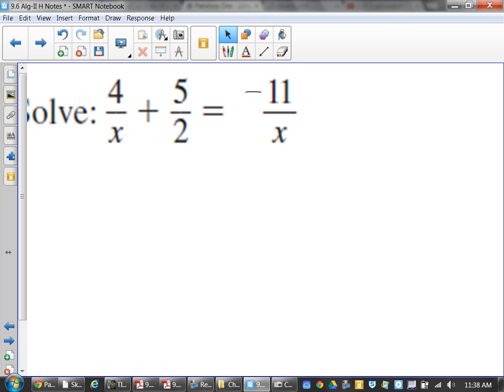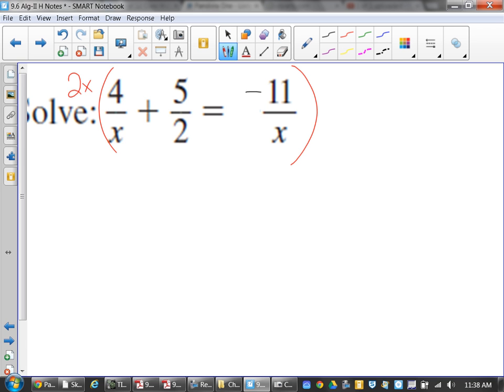Okay. So what's going to be your common denominator between an x, a 2, and an x? 2x. So what are you going to multiply everything by? 2x. So the first fraction already has an x in the denominator. So what do I just have to multiply it by? The second one has a 2 in it.